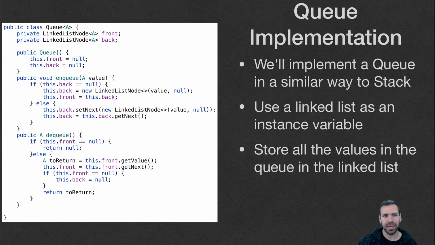So to get around that, we're going to store a reference to the back of the queue. So when we enqueue, if the back is null, then we just add right there. Easy, same way we added to a stack, same way we did it with the linked list of doubles. The linked list is empty, so create a new node with the value we're adding.